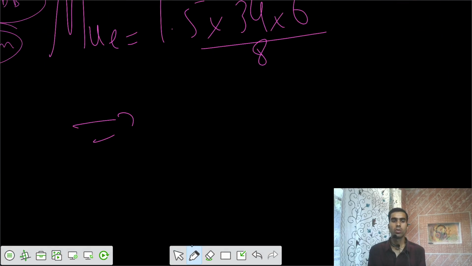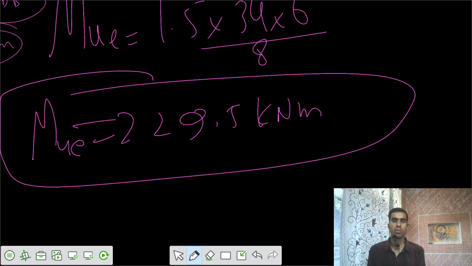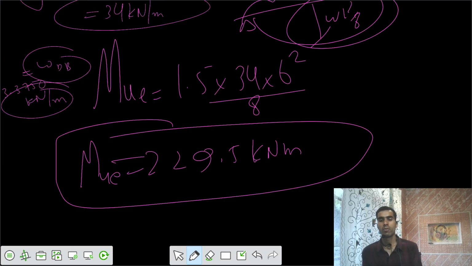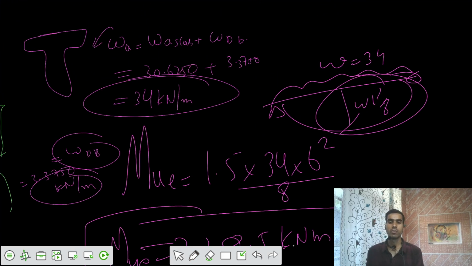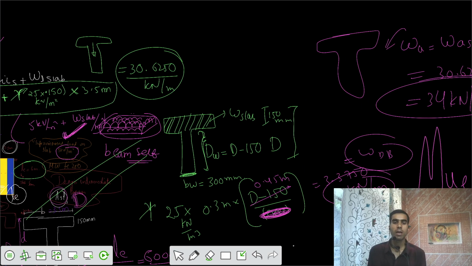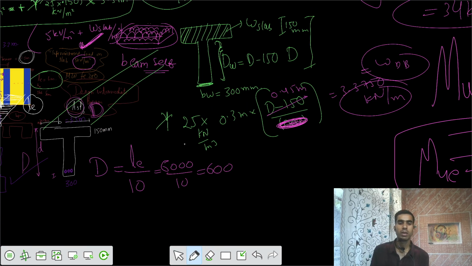That's the total moment of 229.5 kilonewton meter. So this moment has to be resisted by that flange section. We assumed that capital D was 600 millimeters. So this is our assumption.